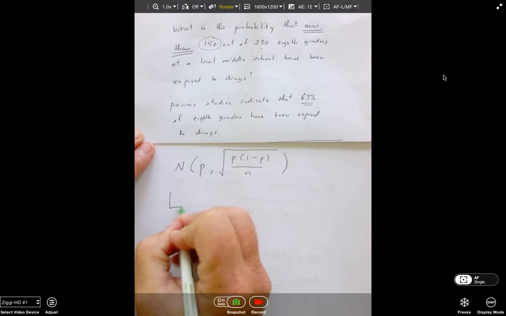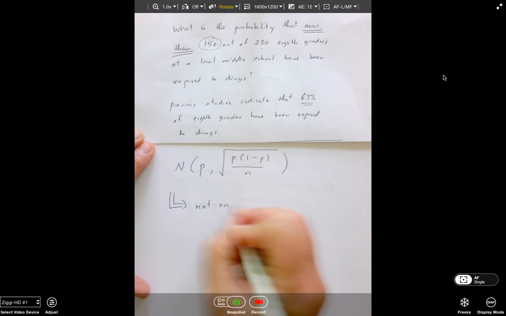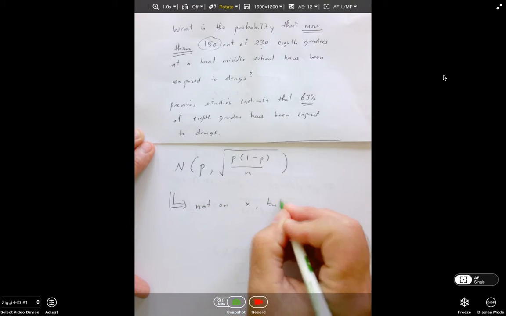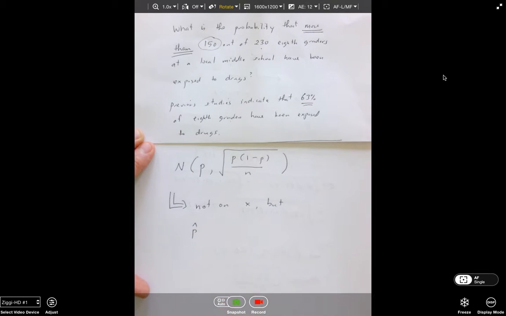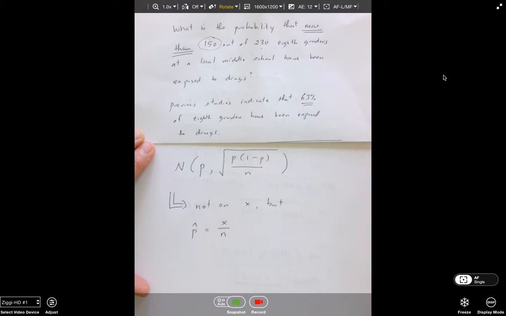But this focuses not on x, but what we call p hat. And p hat is x over n. Now, it's a lot of notation. Your mind's probably getting ready to explode on you. Just chill, okay? It's going to be fine.